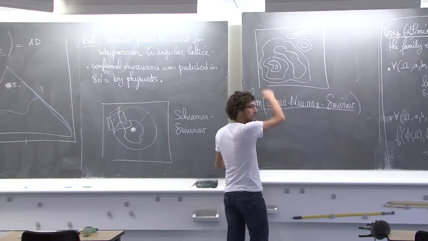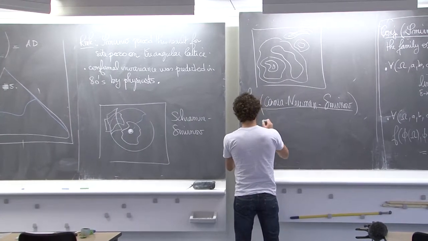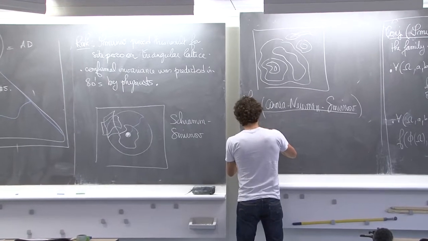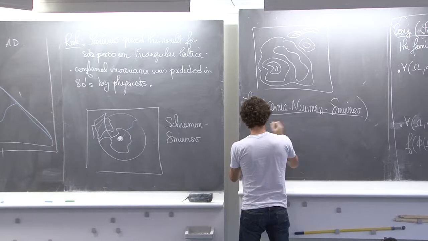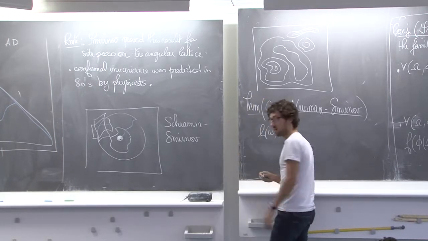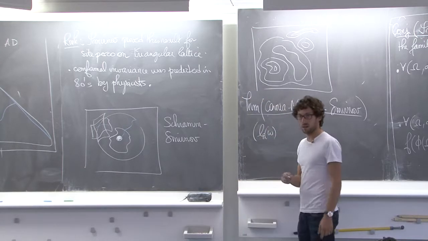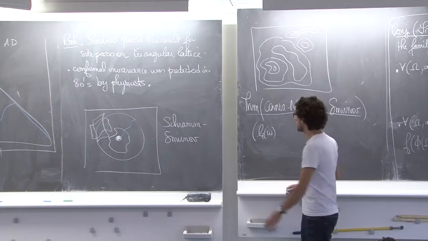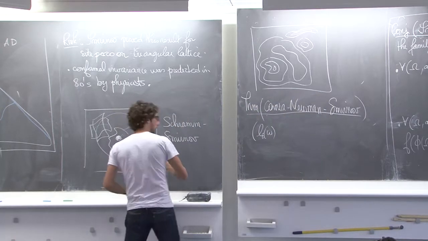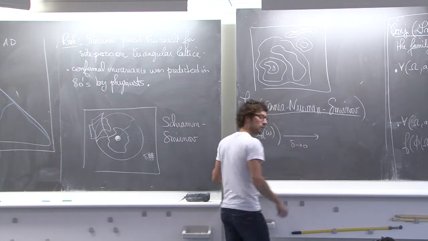If I look at the interfaces in my domain, let's say L of omega to be the family of loops, and I look at it with mesh size delta, the families that I get when I take mesh size delta converge when delta tends to 0.